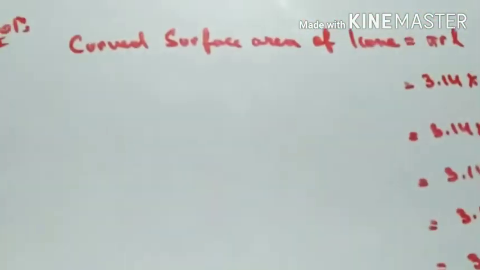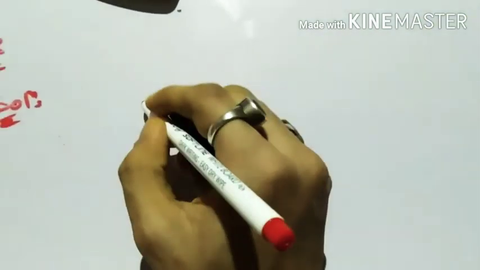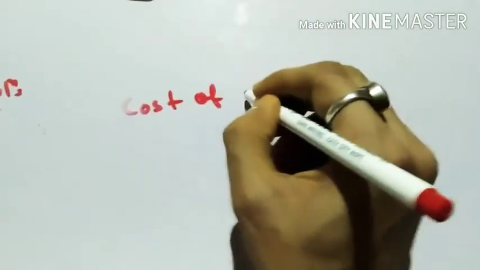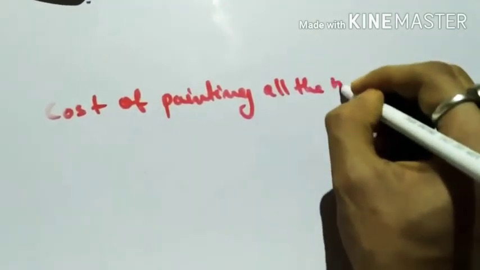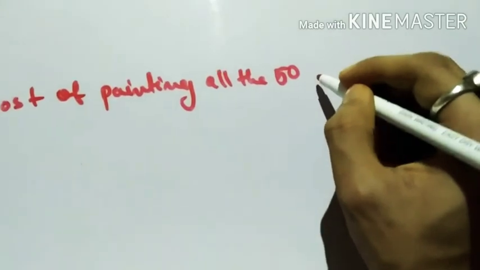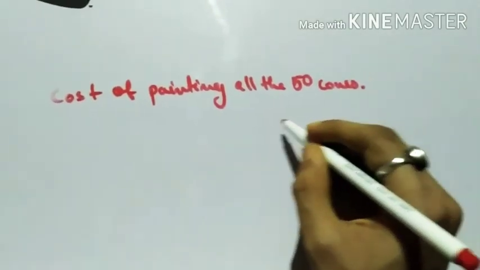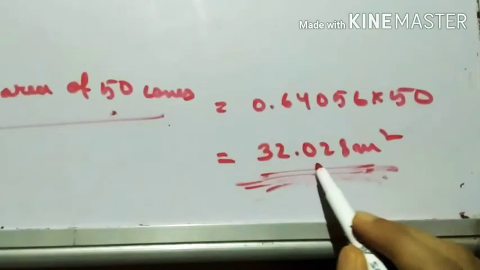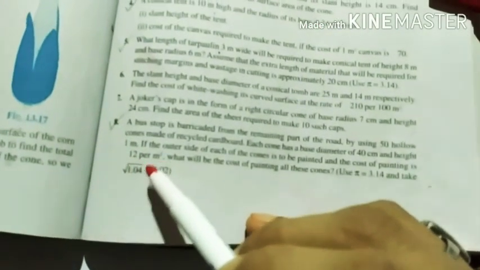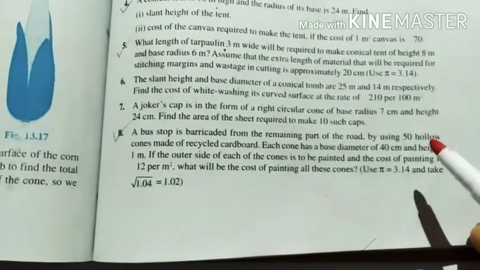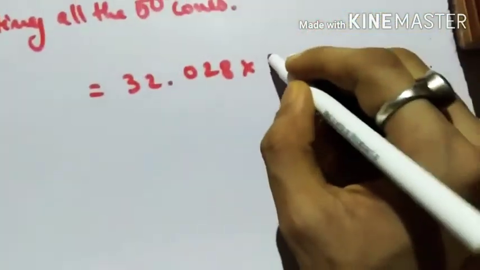So I will find the cost of painting all the 50 cones. It will be 32.028 into 12. Yes, the rate is given as rupees 12 per meter square, so this area into 12.